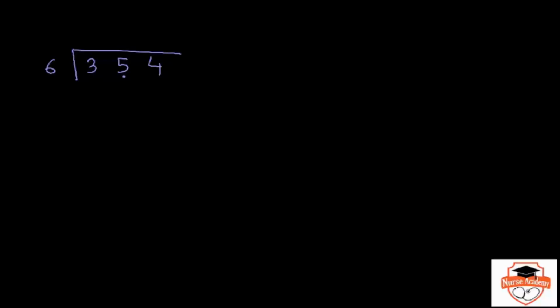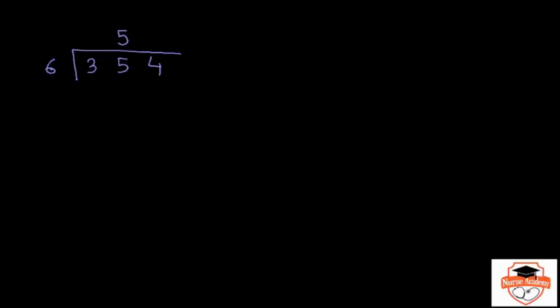So you take the next digit and make it a 35. Can 6 divide 35? Yes, of course it can. 6 times 5 is 30, and 6 times 6 is 36, which is over 35. Therefore, you're going to write a 5 over here, above the last digit of the 35.